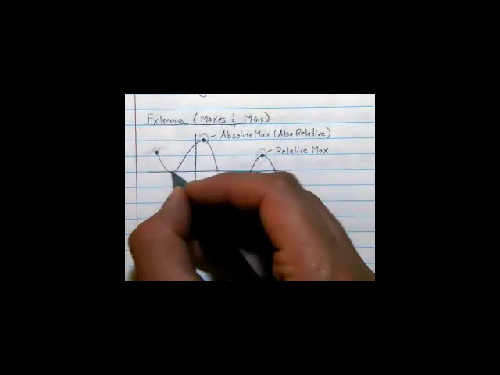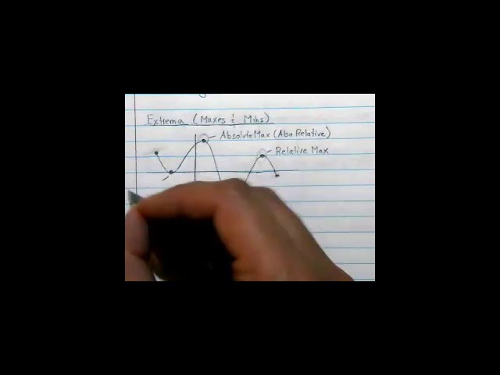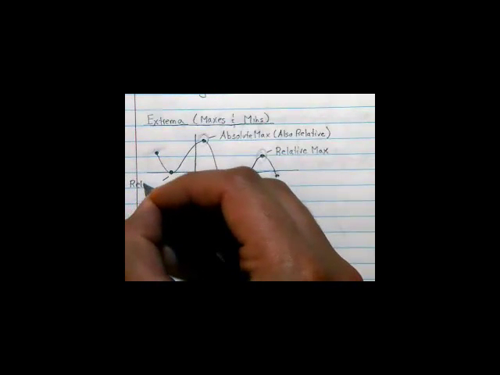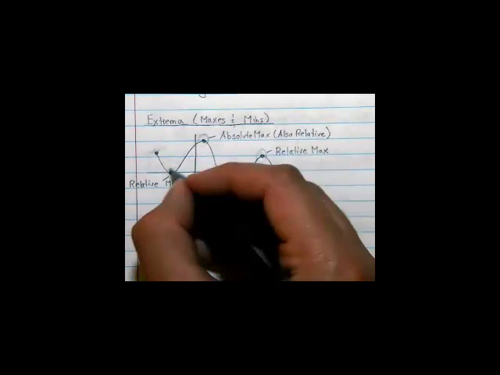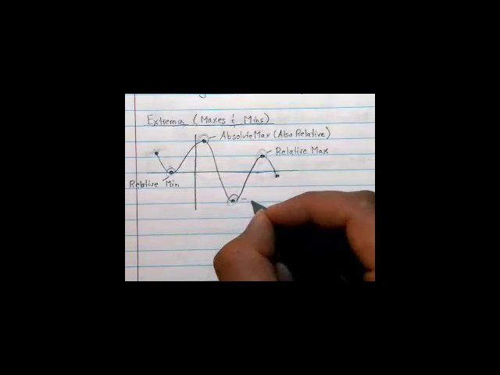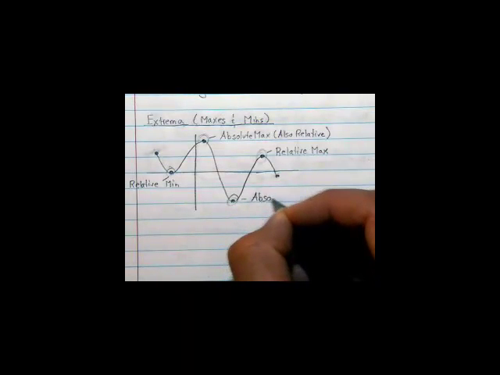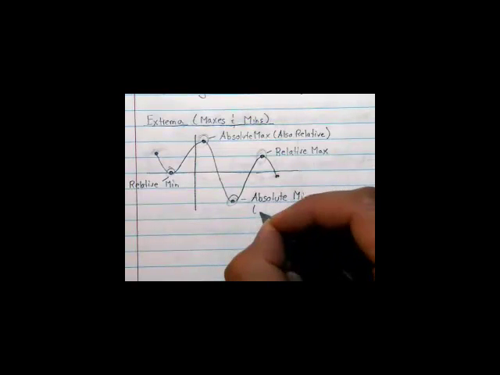Okay, and then with the minimums, same kind of thing, right? This is going to be a relative min. And this one over here will be the absolute min, but it is also relative.